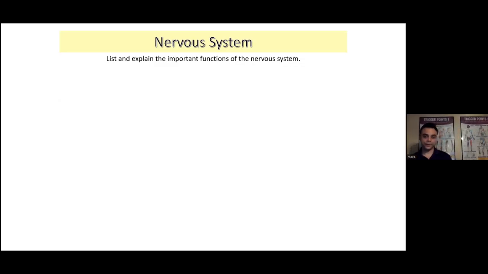All right, so first and foremost, this system is very complicated, but we only look at it in a very simplified sense, which is we have information coming in and responses going out, basically. And the biggest part that we should really pay attention to as massage therapists in this lecture is the sympathetic versus parasympathetic systems, right?